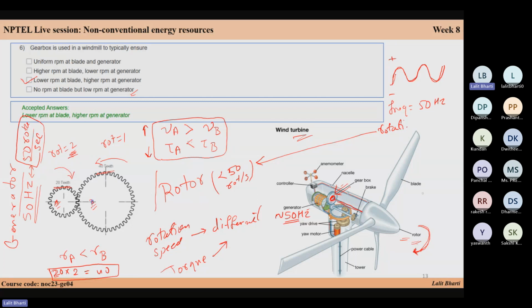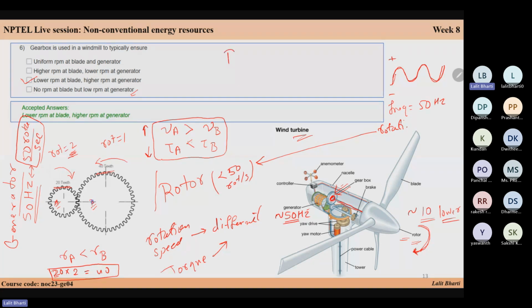So, and also let's say your rotation speed at blade is around 10, and you also need your rotation speeds at blade lower, because you want to limit their wear and tear, and you don't want to break your blades. So they should be lower.